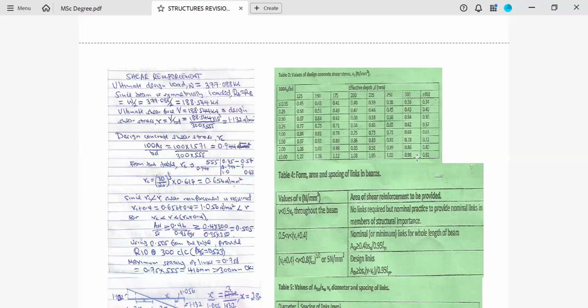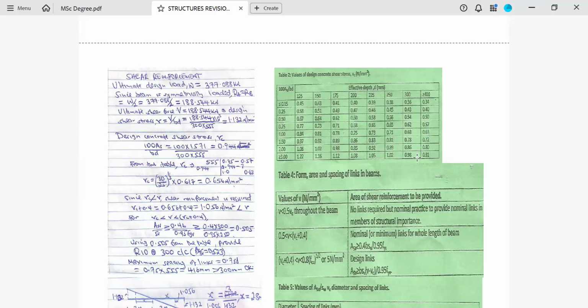Then, if it lies between VC and VC plus 0.4, you provide nominal or minimum links for the whole length of the beam, which is given by ASV greater or equal to 0.4 BSV over 0.95 FYV.